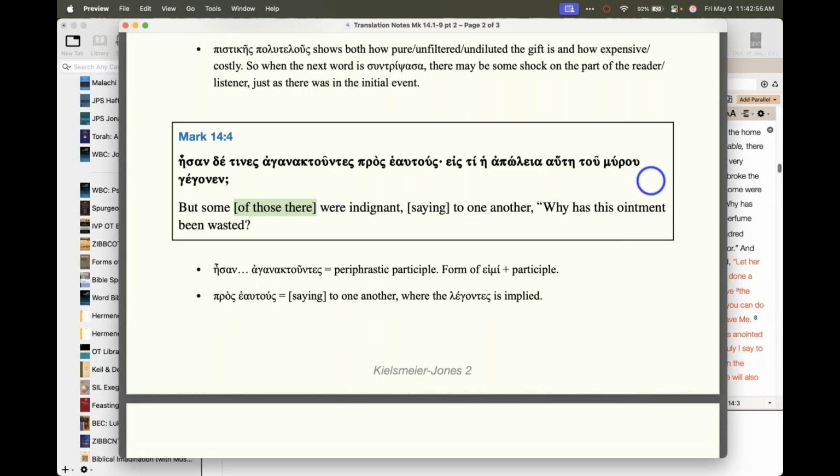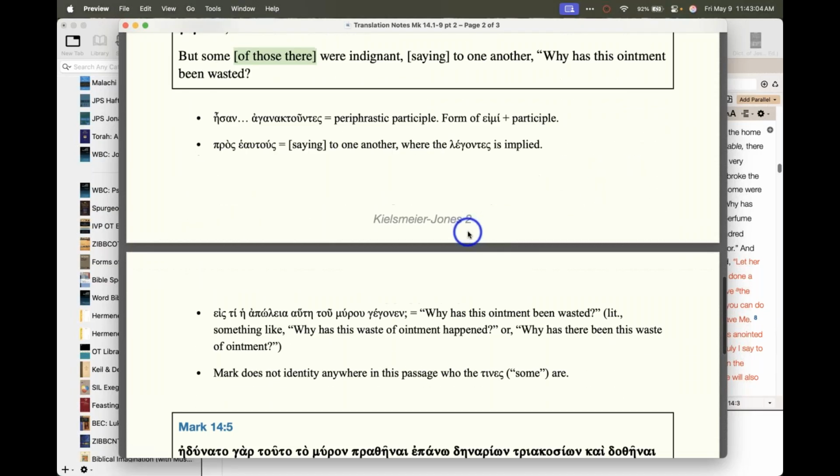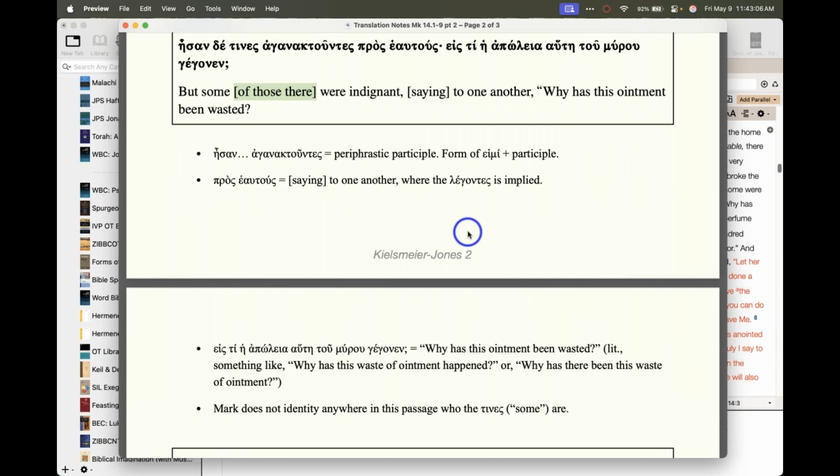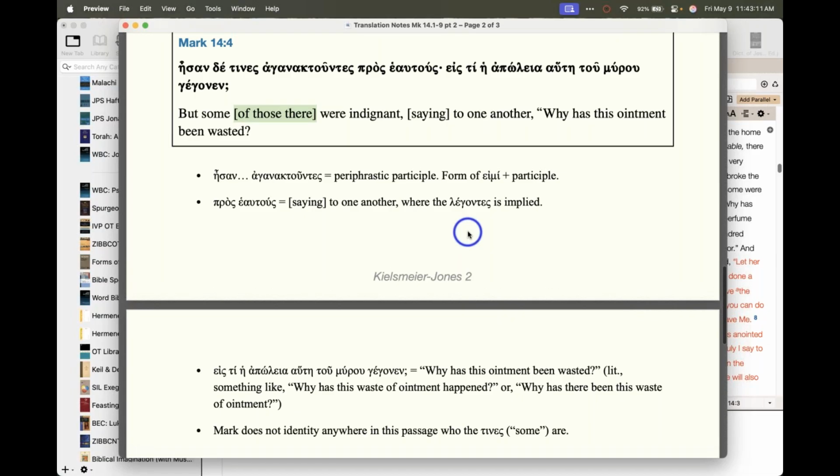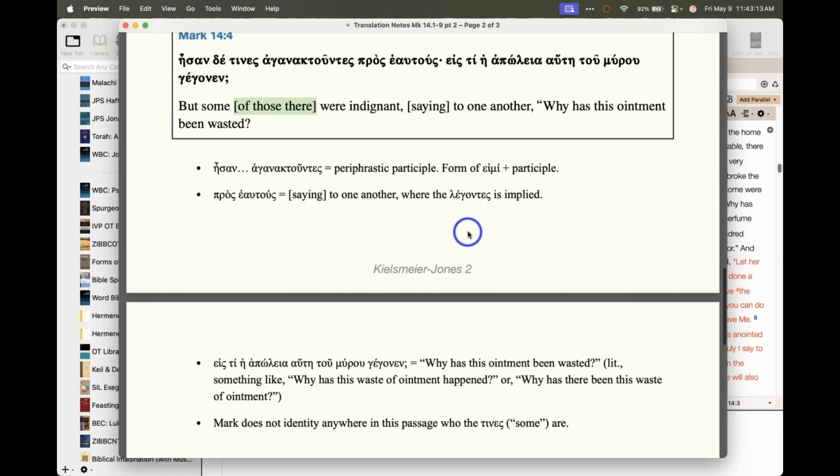And so what that means is that we preserve that ambiguity in translation as much as still stylistically makes sense in English. But yeah, are these disciples? Are these religious leaders? Is it some combination? We don't know because Mark doesn't identify who it is. I thought this phrase was interesting.